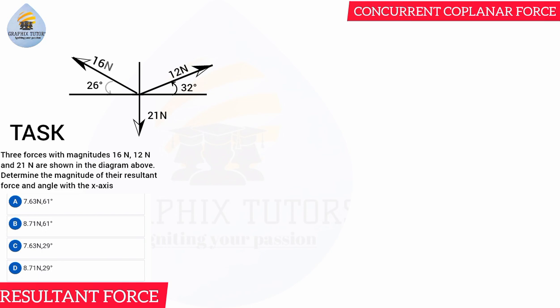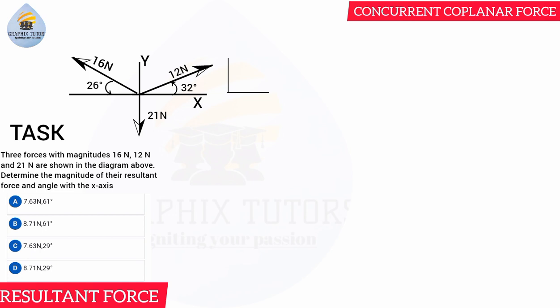So we have two inclined forces, which are the 12 Newton inclined at 32 degree and the 16 Newton inclined at 26 degree. Let us consider the 12 Newton inclined at 32 degree. Remember, the vertical line is the y-axis and the horizontal line is the x-axis. So you bring out the vertical and horizontal axes, let them form two perpendicular lines, that is the x and the y should be perpendicular.